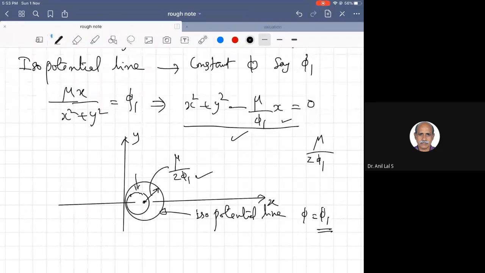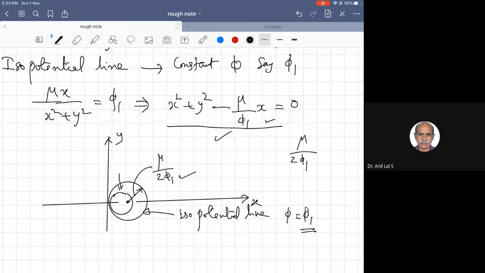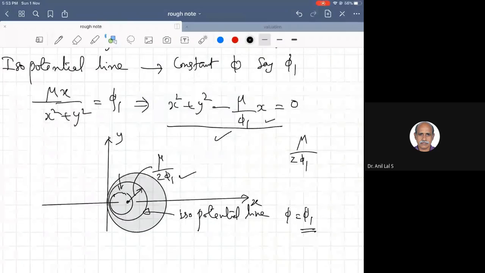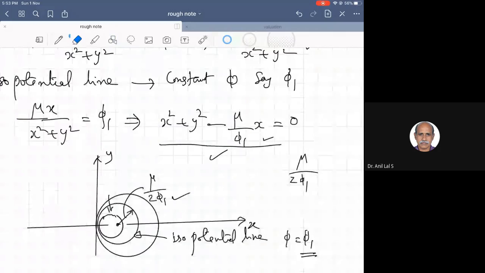Okay, so this is about the isopotential lines corresponding to different values of phi, they will be all circles. Actually we can have the circles on this side also.